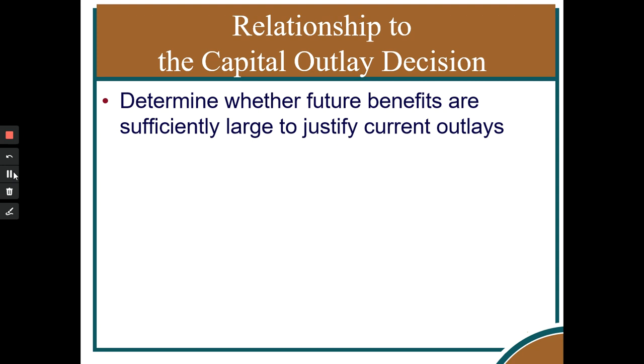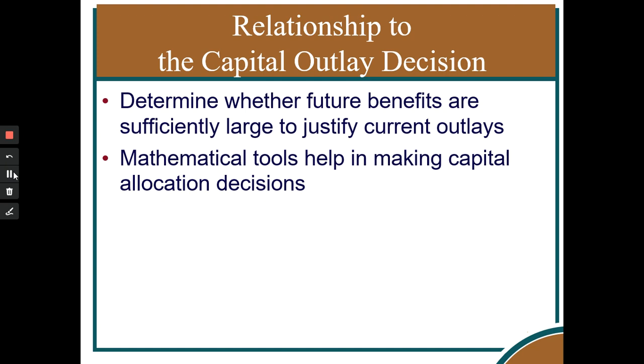If let's say you're investing 1,000 ringgit today, and in 3 years, how is the investment going to give you benefit? You need to calculate how much the present value today will be worth in the future. Mathematical tools will help in making capital allocation decisions.